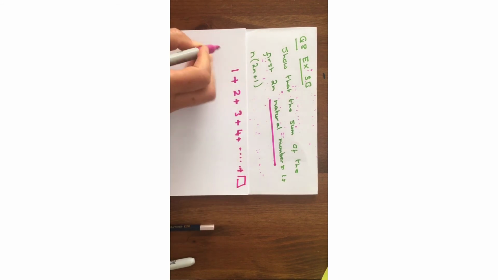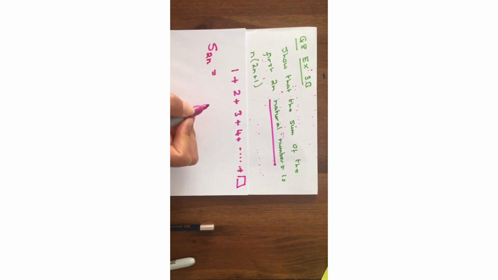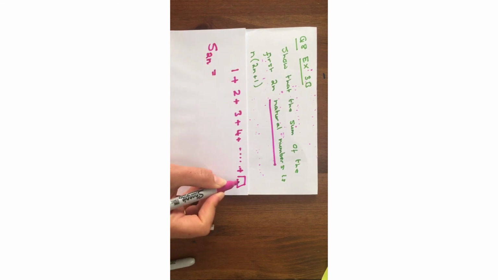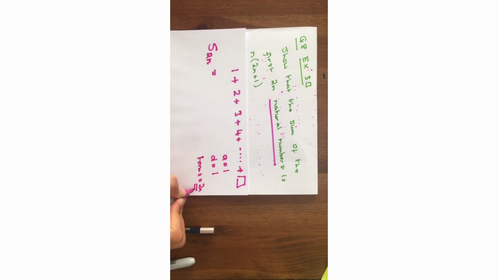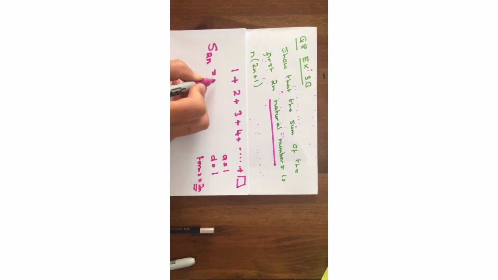So I want to find the sum of all the numbers up to 2n. So a is 1, my common difference is 1, and the number of terms is equal to 2n.